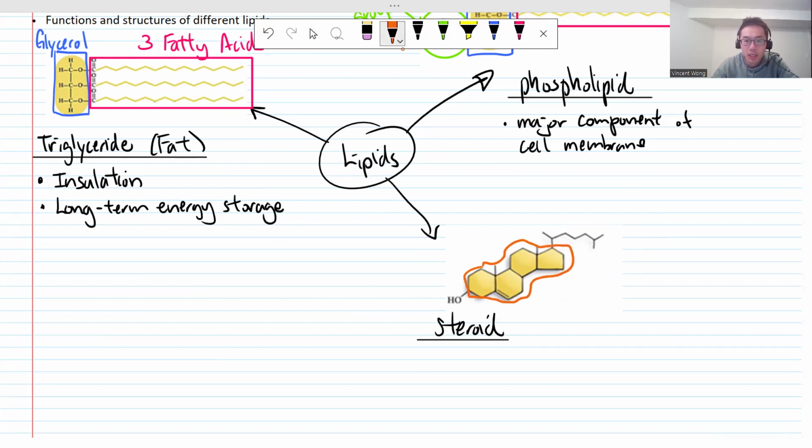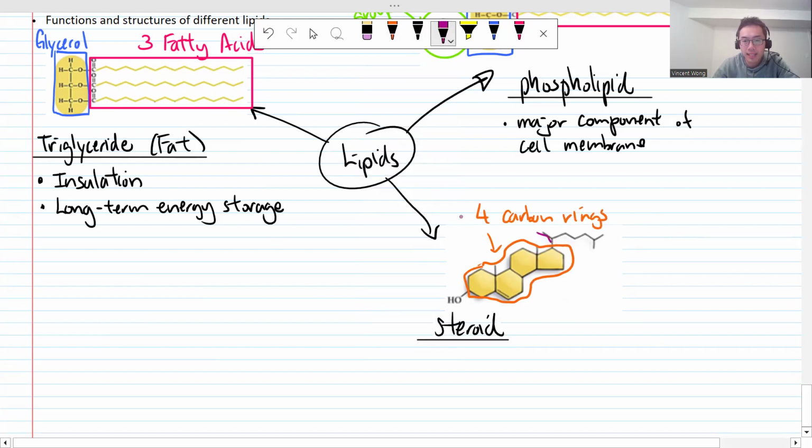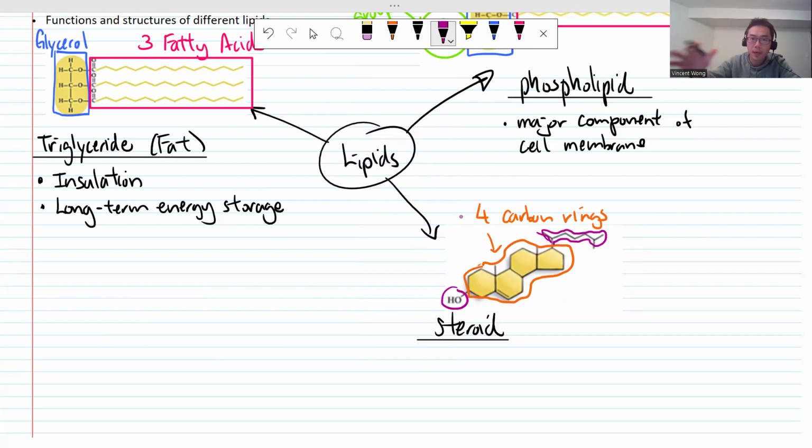There are 4 carbon rings together, and then they have accessories stuck on them. Depending on which steroid you're talking about, these things might vary. The 4 rings are always going to be there, but these additional things might be different from one steroid to another.